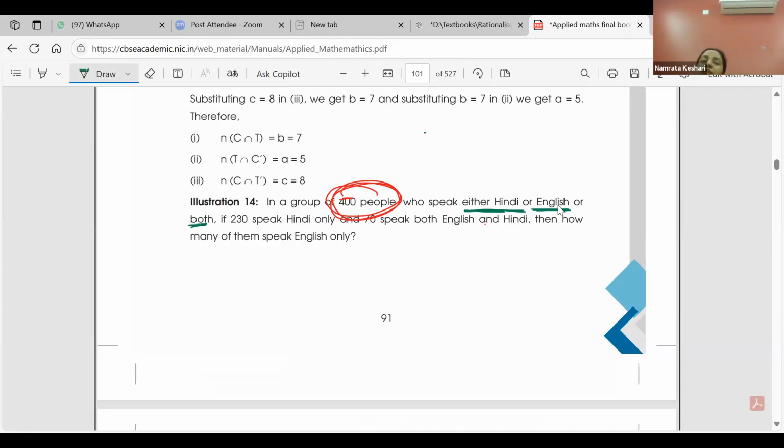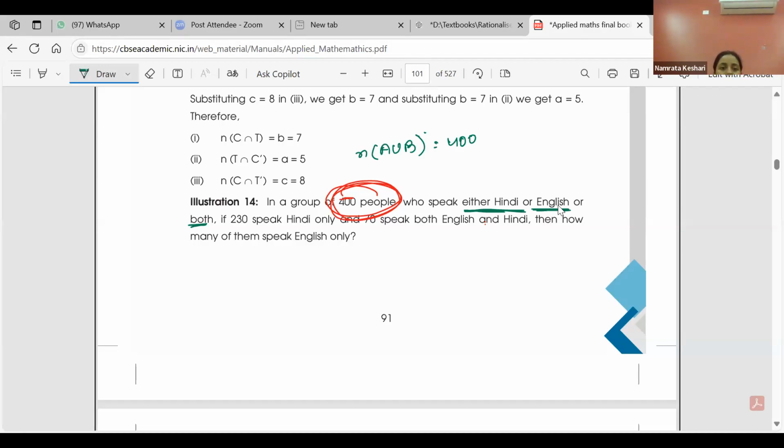Recall that when in class I started explaining the union, I said that union means either A or B or both. That's the union, right? That means the number of elements in A union B is given over here as 400, right?